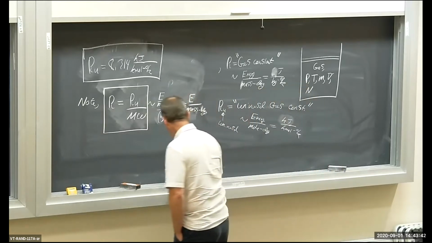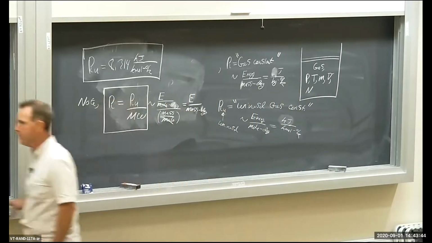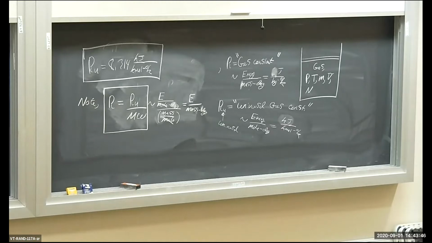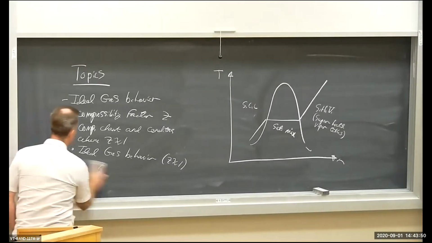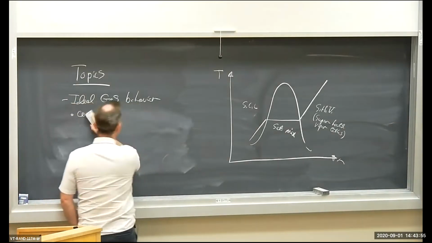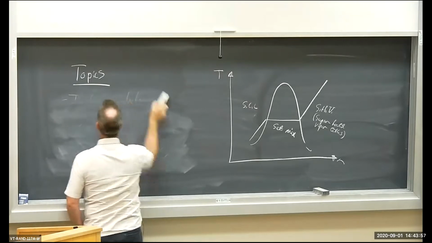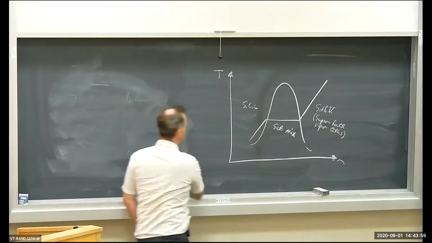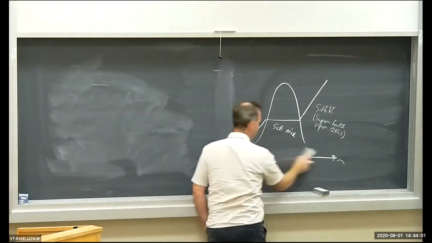Okay, so let's go back to this compressibility factor here. Now that we know what the gas constant and the universal gas constant are, you've encountered this stuff before, but let's make sure we're all on the same page.